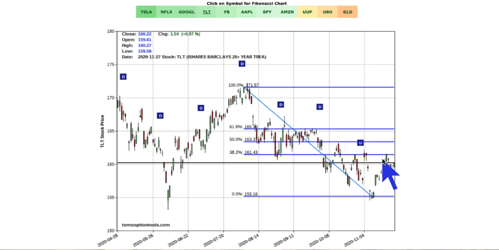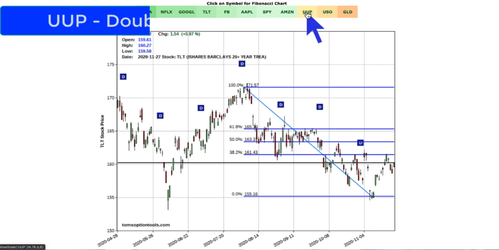We had a pullback. Last week we hit the 38.2% fib range, and we bounced off that. Now, if this is moving lower, as long as it's not in a free fall, this is good for stocks. And so if we indeed hit the 38.2% retracement level, then stocks may have a bright Christmas holiday in front of them. Next, let's go to UUP and see what cash is doing.